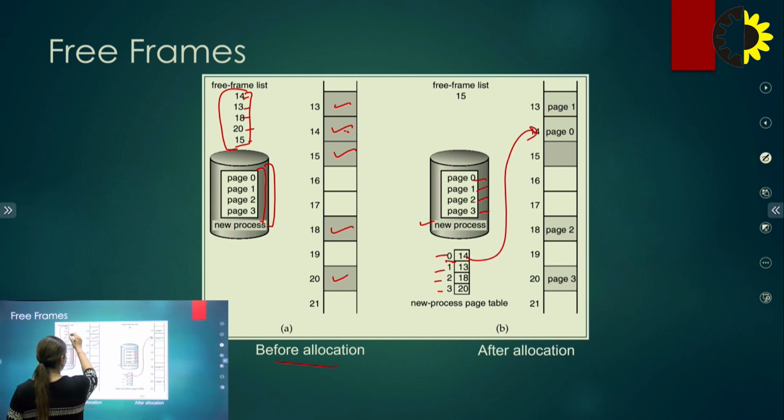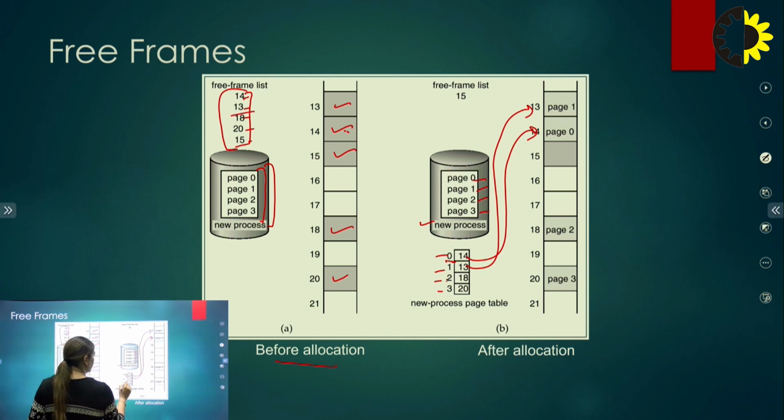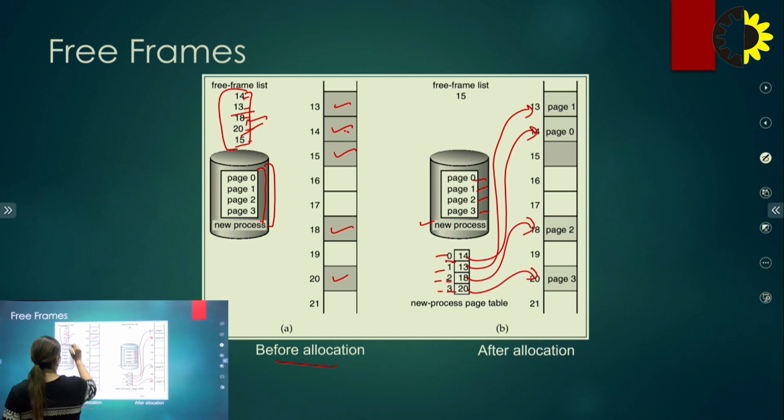This was one of the free frames, right? Then page 1 is kept on 13th here. This is also one of the free frames. Page 2 is kept on 18th. This is from free. And page 3 is kept on 20. This is also one of the free frames, right?